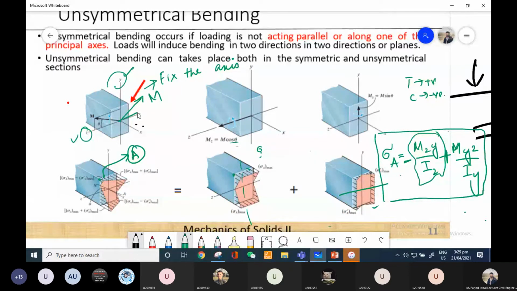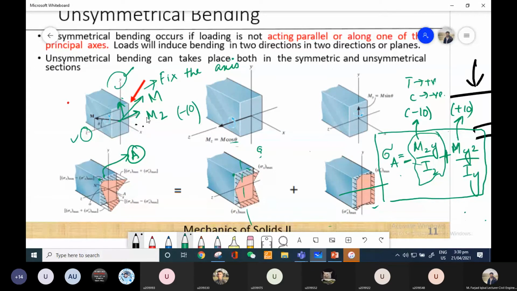I will use the same equation with the same arithmetic signs, and I will substitute MZ. Let's suppose MZ comes out to be minus 10, I will simply put in minus 10 over here. And similarly with MY, which is acting in the positive y direction, so I will keep MY as positive 10 if its answer is positive 10.